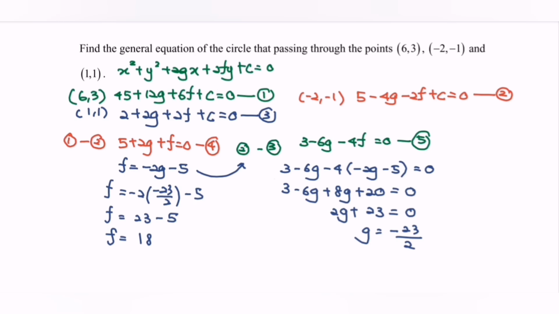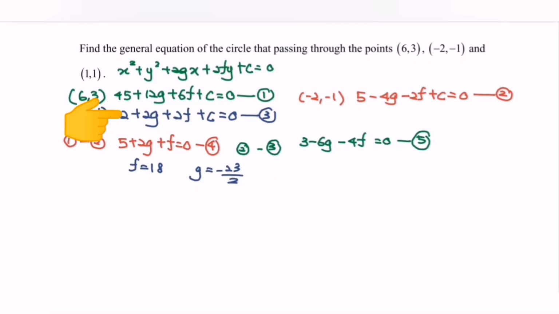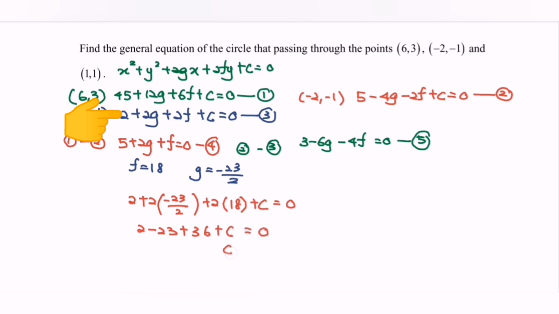So kindly substitute the situation into the third equation. So where we have 2 plus 2g, negative 23 over 2, plus 2f, where we have 18, plus c equals to 0. Simplify the situation. 2 minus 23 plus 36 plus c equals to 0. So c will be equals to negative 15.